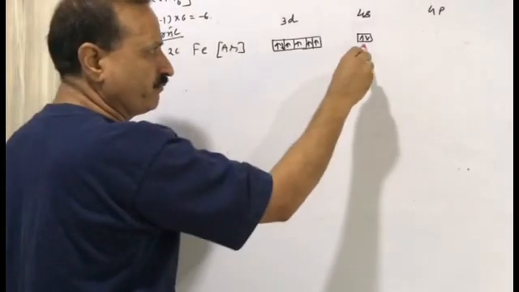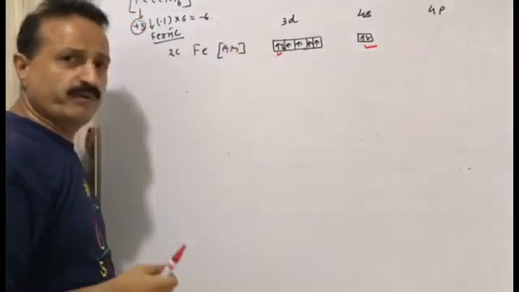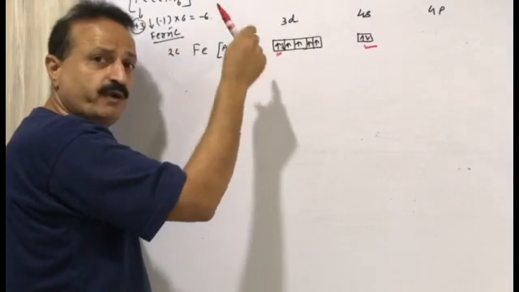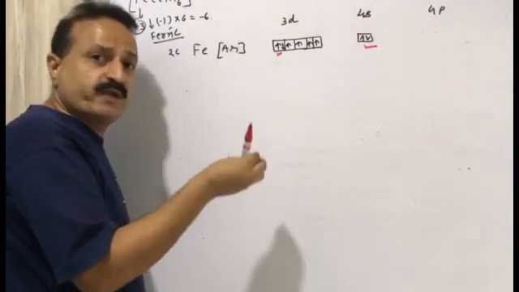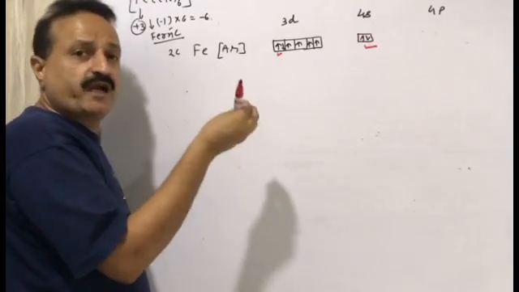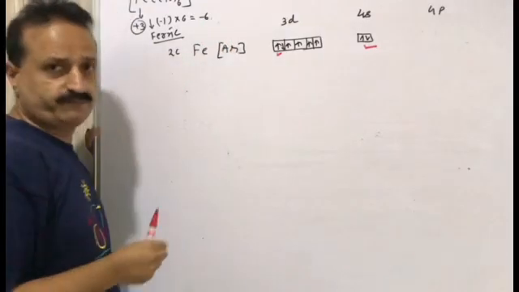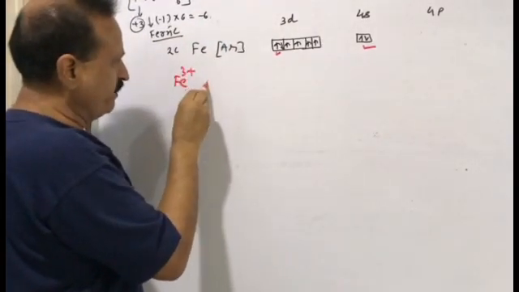So 3 electrons will be lost by the ion. So 2 electrons will be lost from here and 1 electron will be lost from the paired electrons, because this electron will come last. First 1 electron will fill in the d orbitals, then when all 5 d orbitals are filled, the 6th electron will fill in the first square. So what will the Fe3+ electronic configuration be?